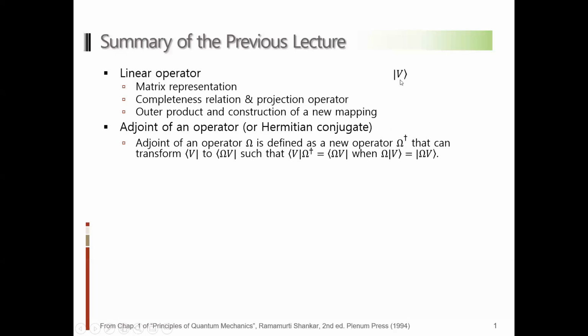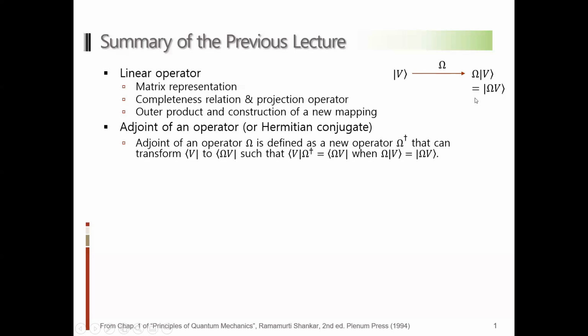If you recall what I explained before, we can think about some vector v in the ket space. And if we are given some linear operator, then we can also think about the result of that mapping by this operator. Sometimes we will write this in a more simplified form like this.